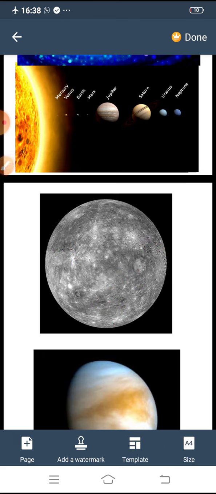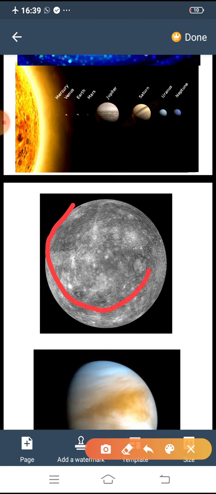Mercury revolves around the Sun in 88 days and rotates around its own axis in about 58 to 65 days. Its surface is covered with craters due to the impact of meteorites. This is the whole surface.